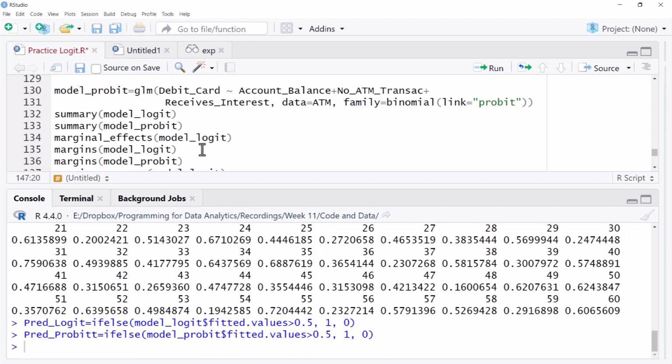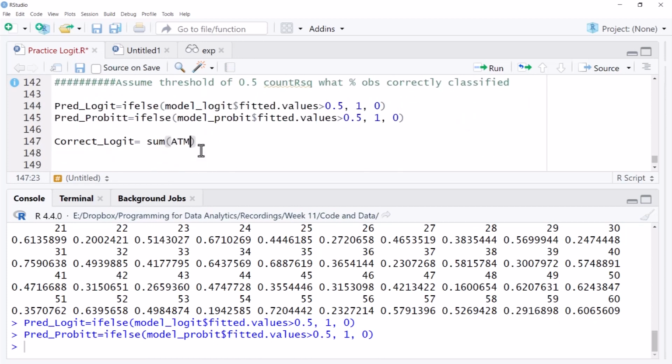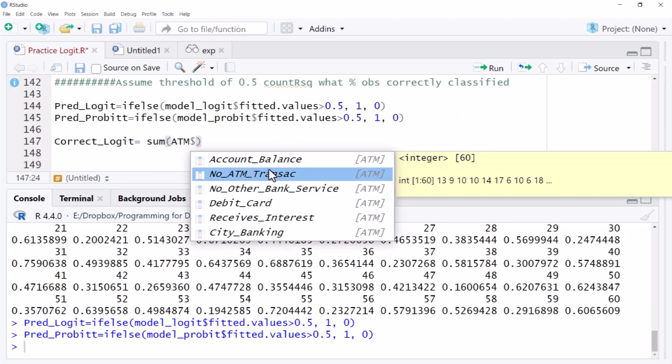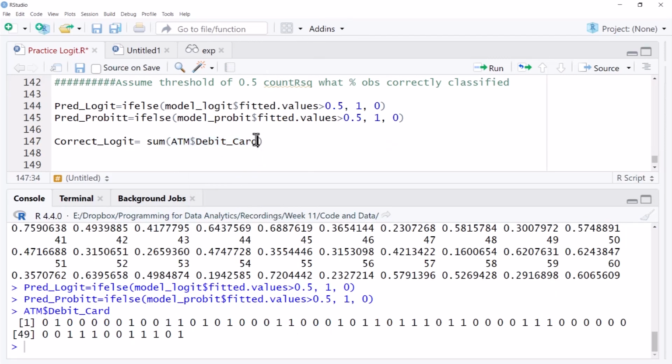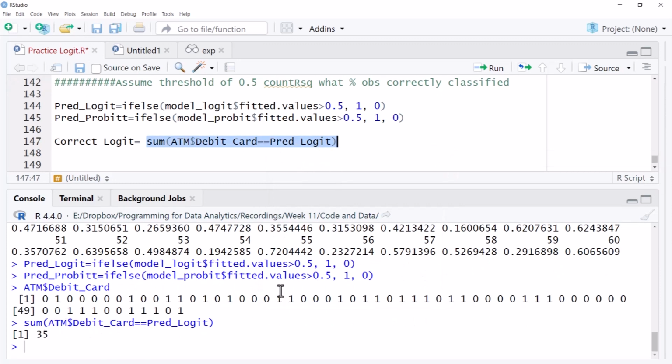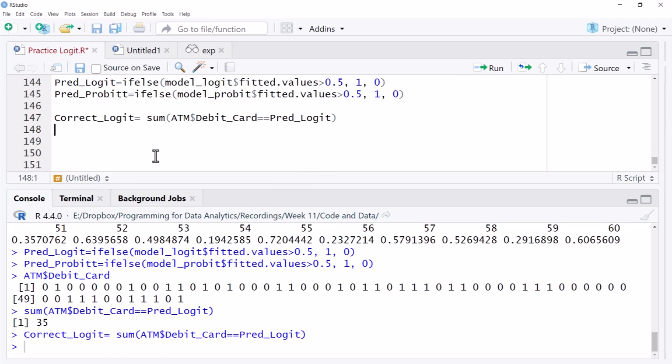The data name is ATM, so ATM dollar debit card, and if it is equal to predicted by logit, all the truths will be summed up and assigned. So these are the correctly predicted values as per the logit model, and similarly I can compute the correctly predicted values by the probit model, predicted probit.